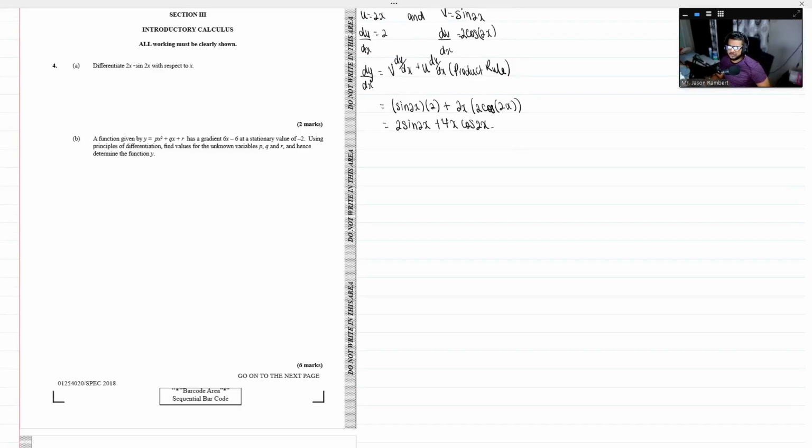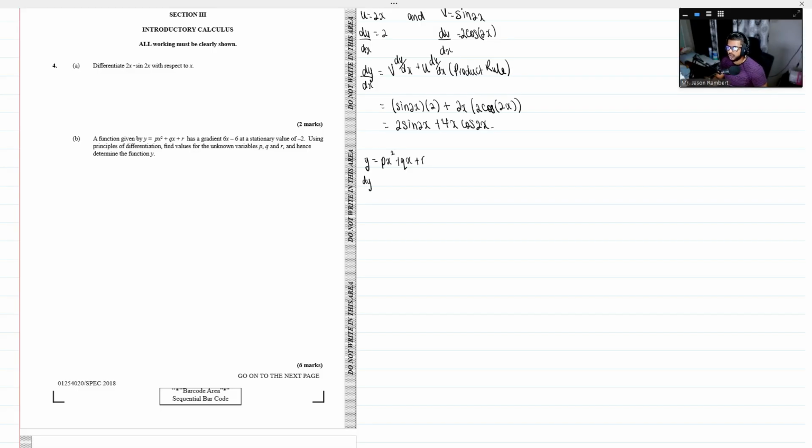A function given by y is equal to px squared plus qx plus r has a gradient of 6x minus 6 and a stationary value of minus 2. Using principles of differentiation, find the values for the unknowns p, q, and r, and hence determine the function y. So y is equal to px squared plus qx plus r has a gradient 6x minus 6.